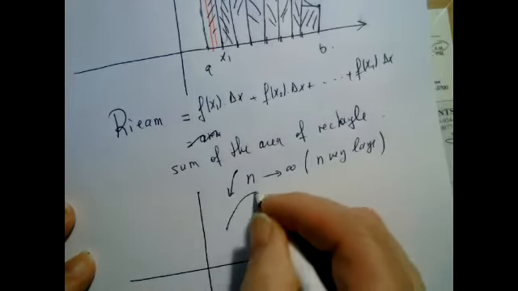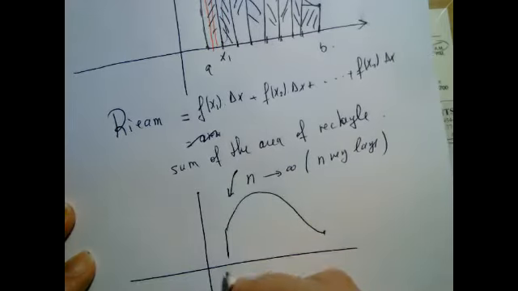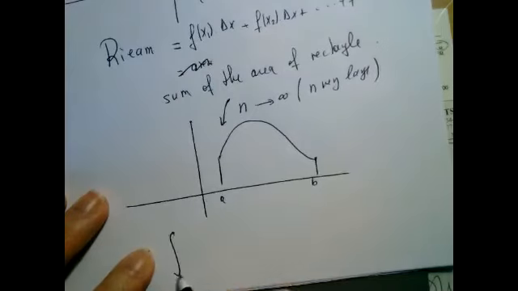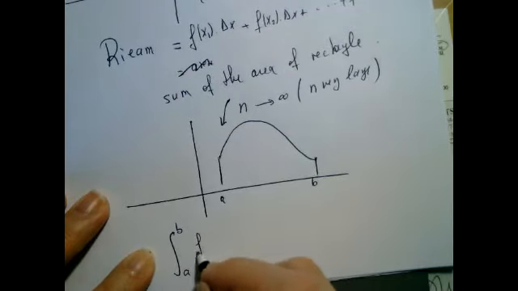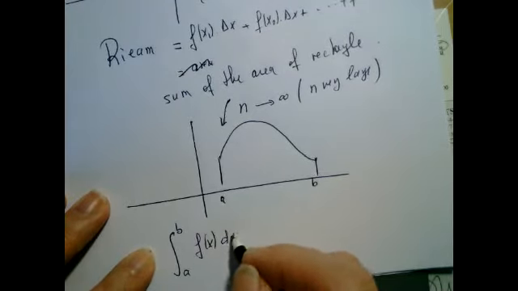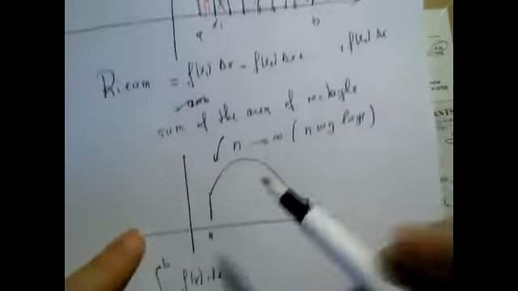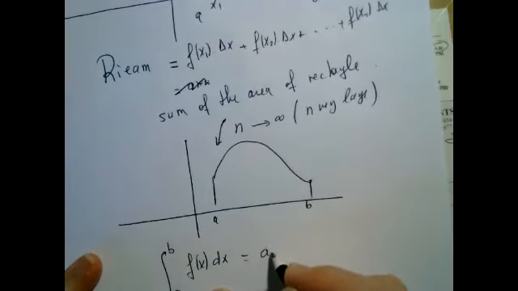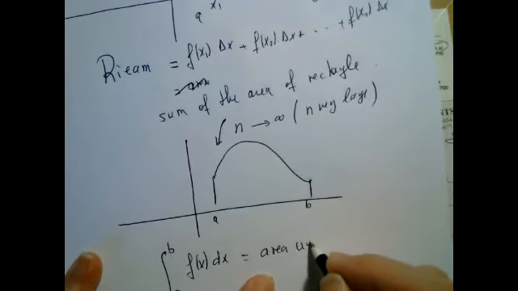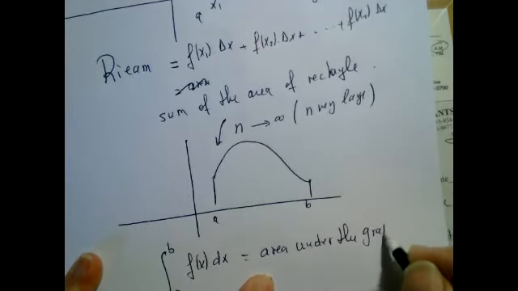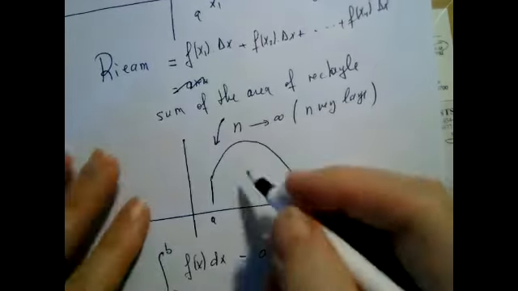So when I take more and more subdivisions, the integral in this case is what happens to the sum of the area of these rectangles when n is large. So this is going to become the actual area under the graph. So it's this area.